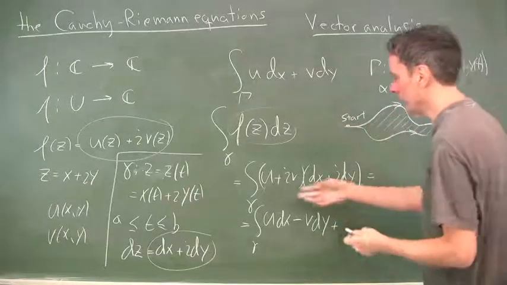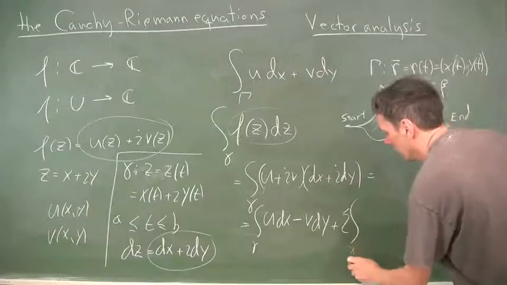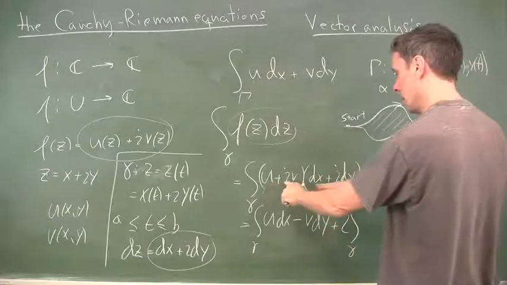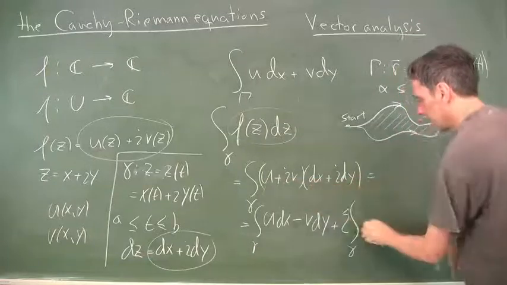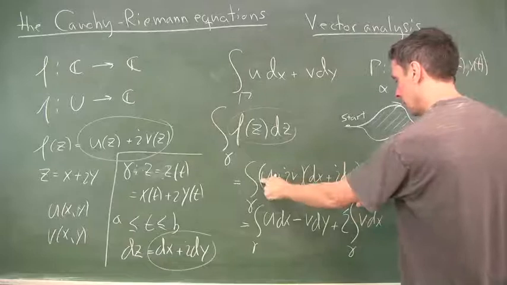But then we also have the imaginary part, i times, and then we'll get two terms here, which I write as a new integral, and this will be v dx plus u dy.